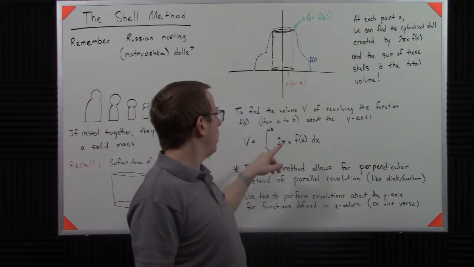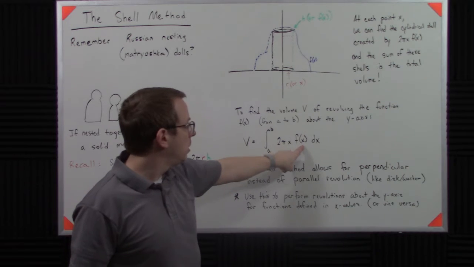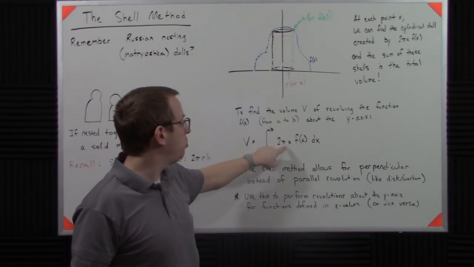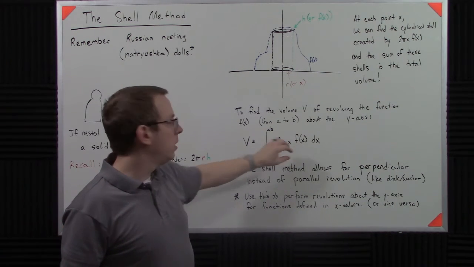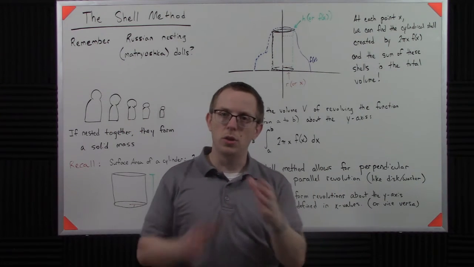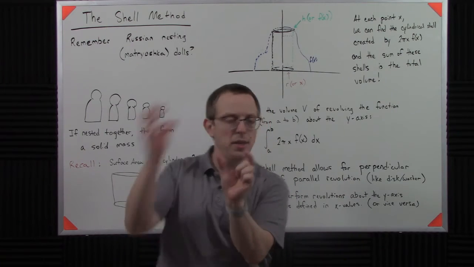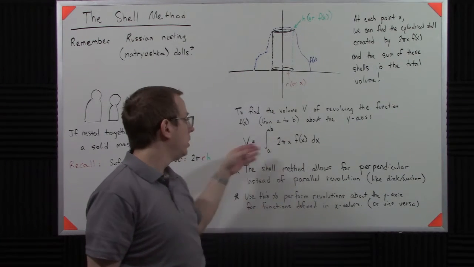So that's 2 pi, that's my radius, that's my height, so 2 pi RH, and then I sum from A to B. So I define this function 2 pi x times the function dx.